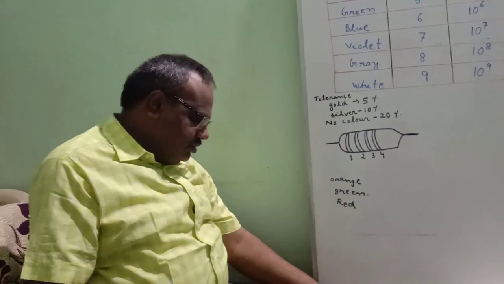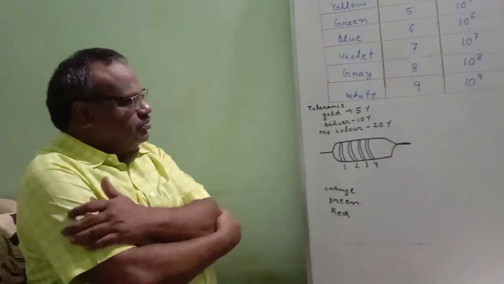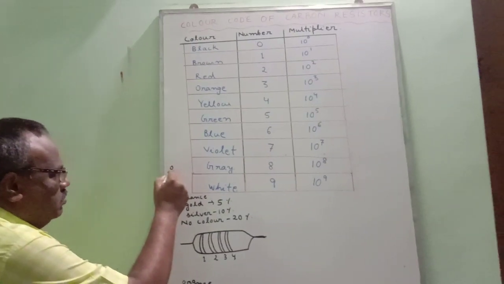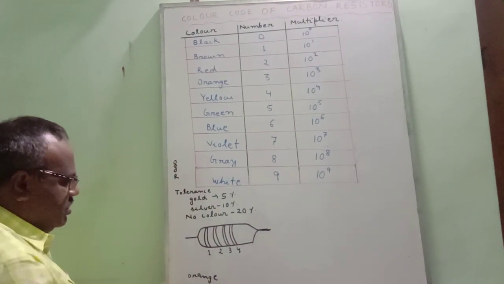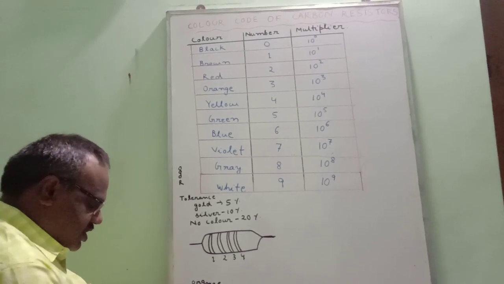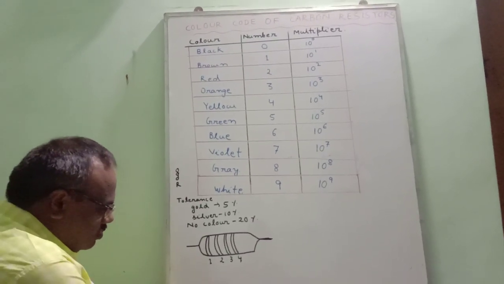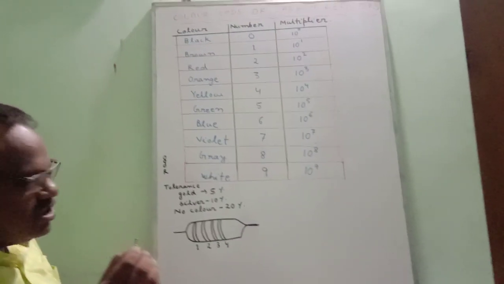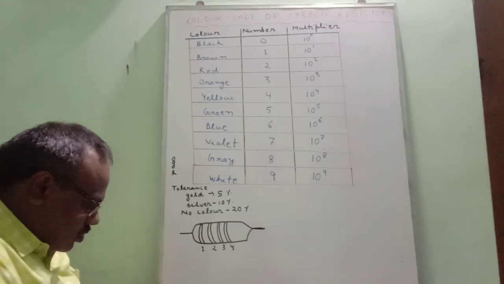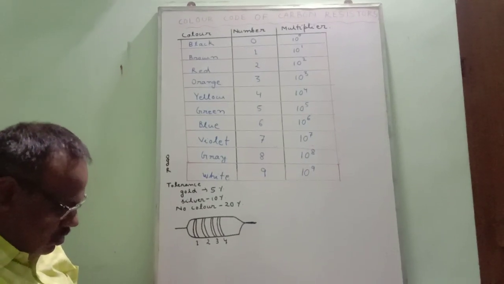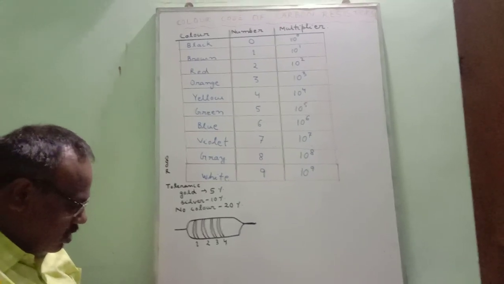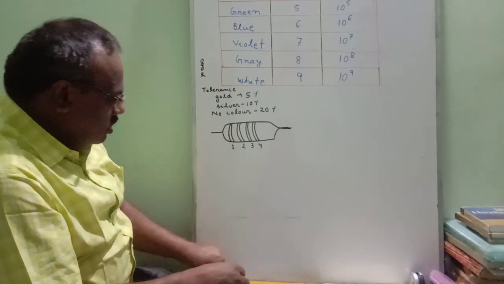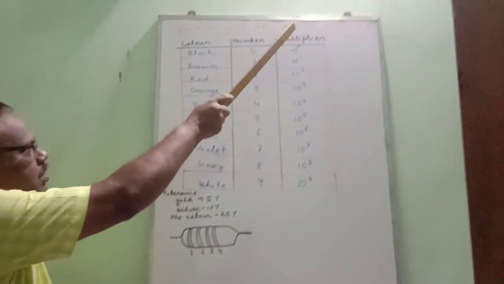Now the question is how to determine the resistance. When you are seeing the carbon resistor, the resistance is not written there. To find the resistance, there will be this type of color band, and this is called the color code of the carbon resistors.